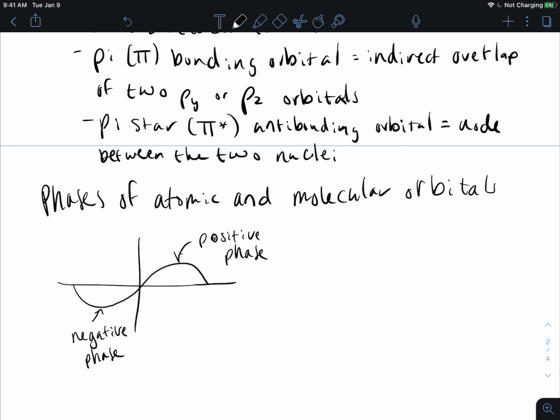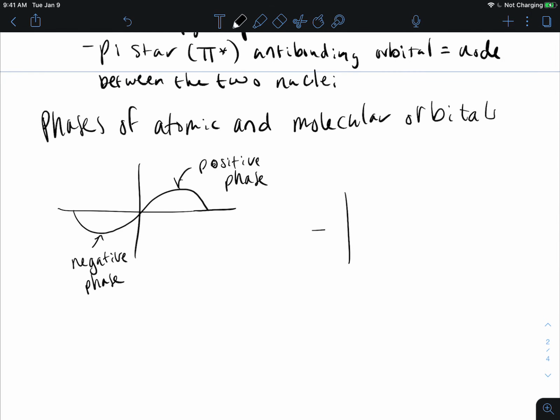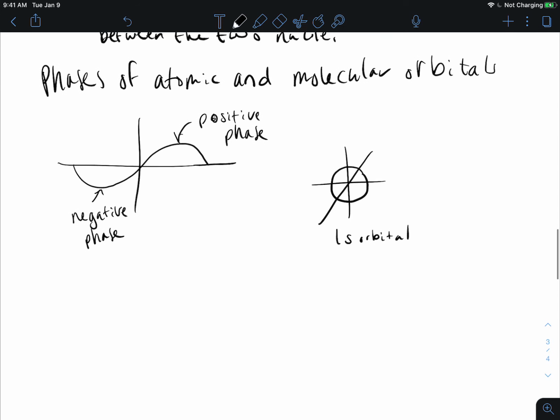If we have something like an s orbital, thinking about it in terms of x, y, and z, and we look at its wave function, it would look like this, where we don't have any negative phase, and no node.